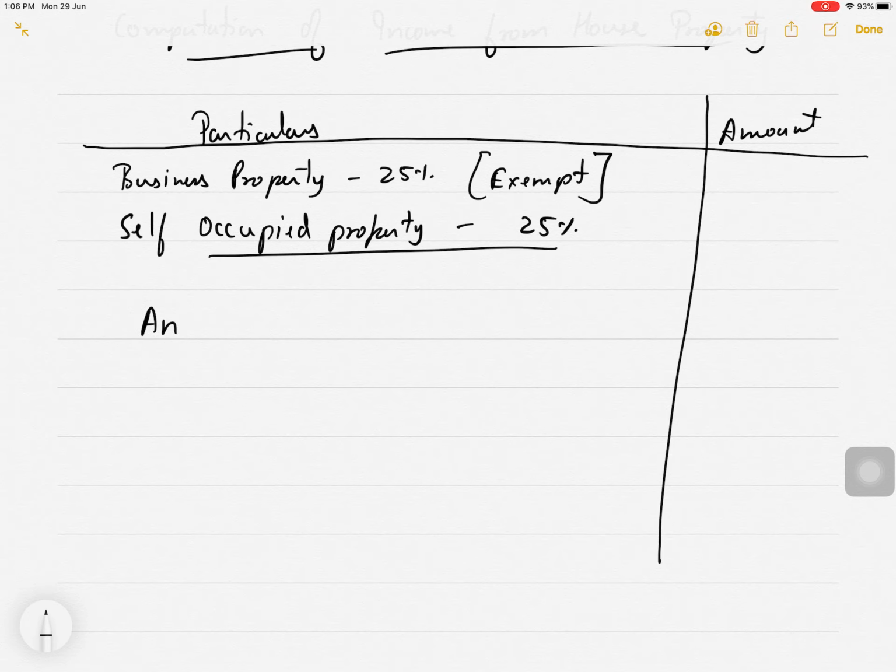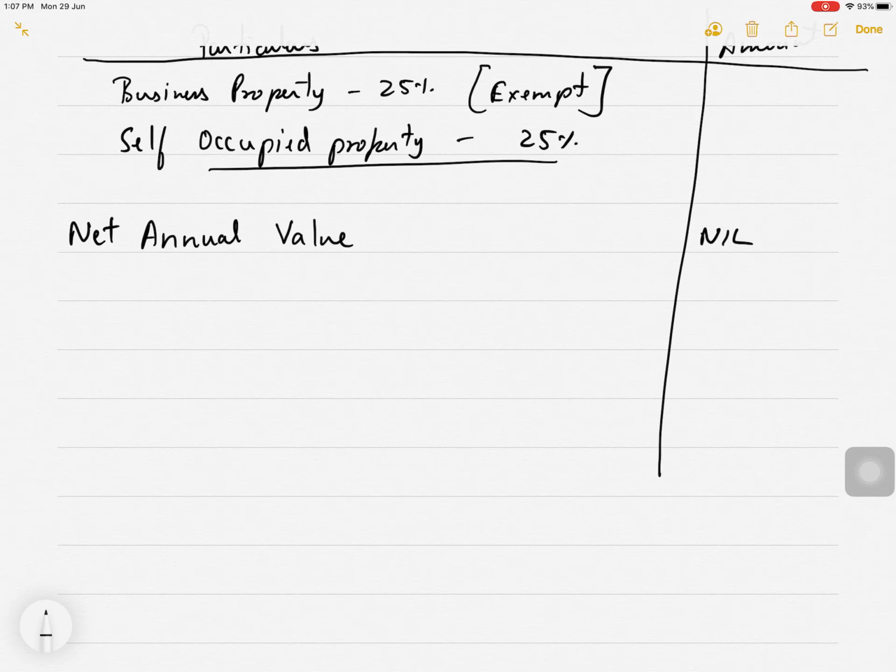So annual value or gross annual value is always nil. Gross annual value minus municipal tax, that is net annual value, is always nil in the case of self-occupied property, correct?